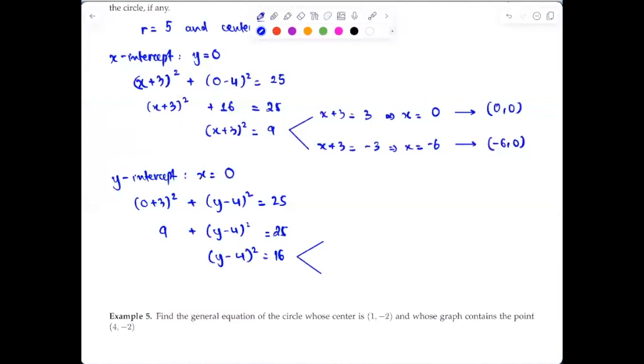All right, can you find the value of y, please? So y minus 4 equal to positive 4 and y minus 4 equal to -4. So what is y equal to? 8 for the first one. So the first y-intercept is 0, 8.